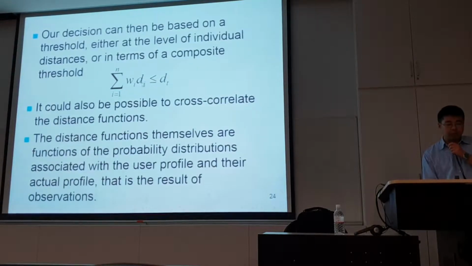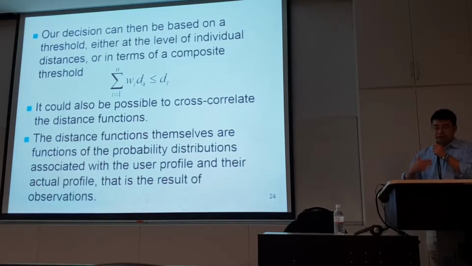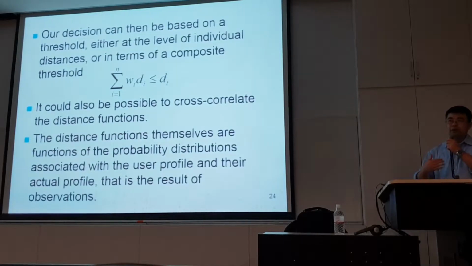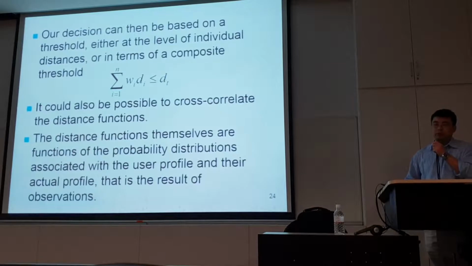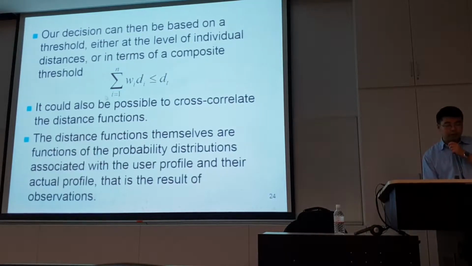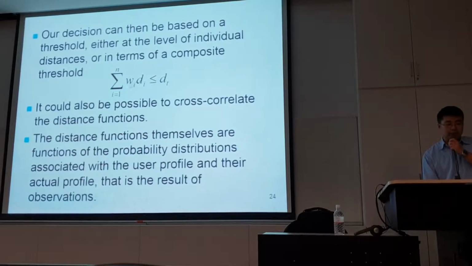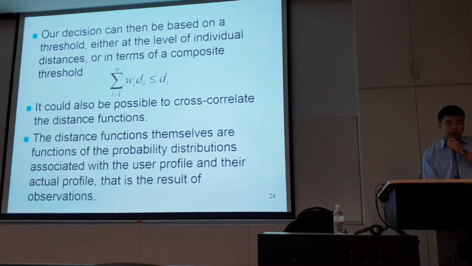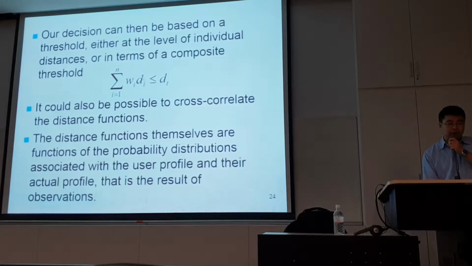For each measurement, what is the distance between the base profile and the active profile? You measure the distance for each measurement, for each event, and then you calculate the sum. The sum is a weighted sum, because each measurement can have a different weight.